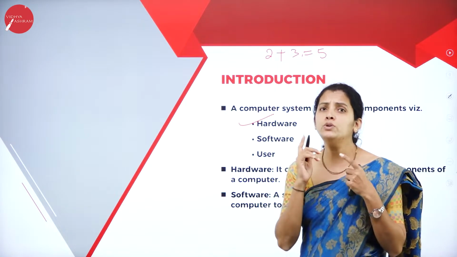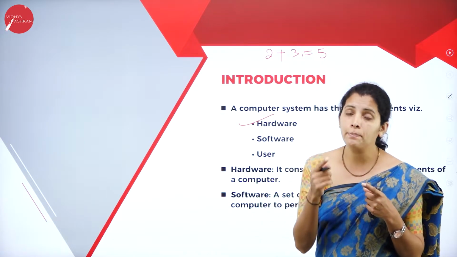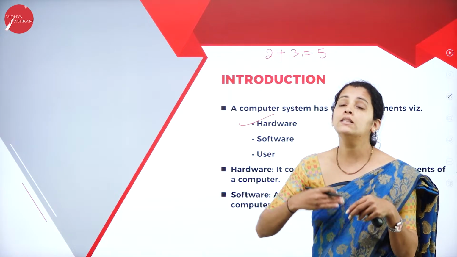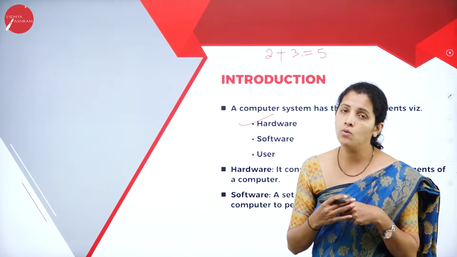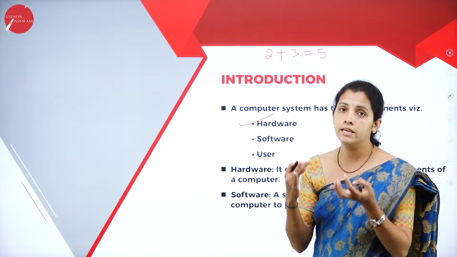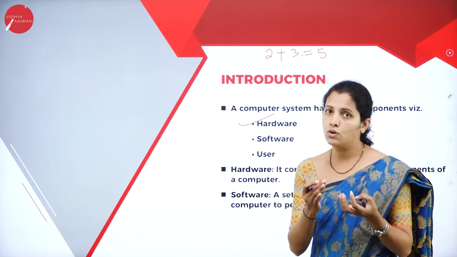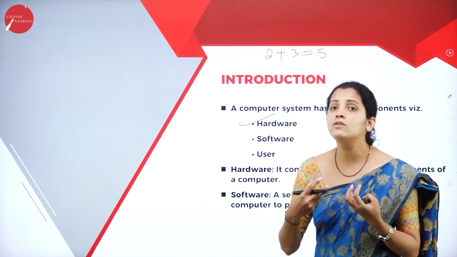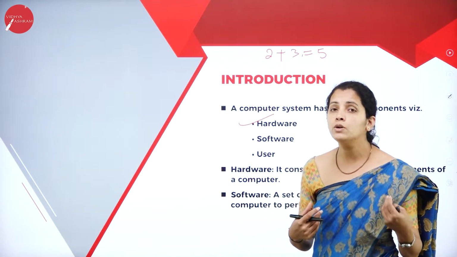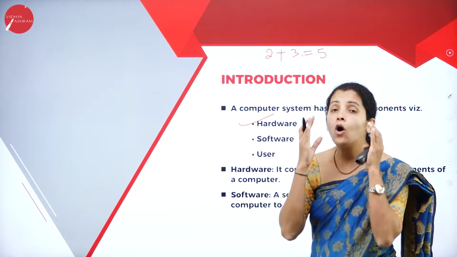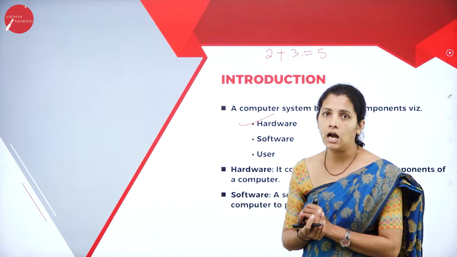I give step-by-step instructions to the computer system about what things are to be carried out and what my result is. To perform these things, I require software. So what is software here? Software is nothing but a set of instructions given to the computer to perform a certain or specific task.